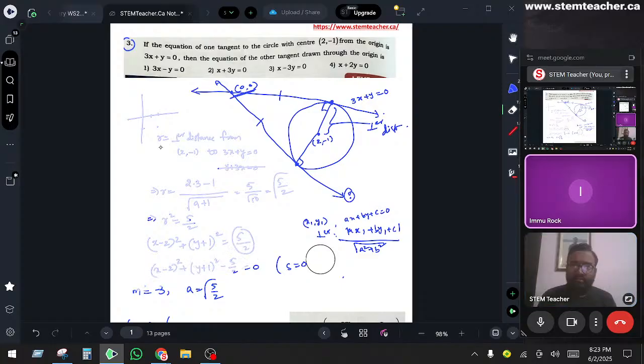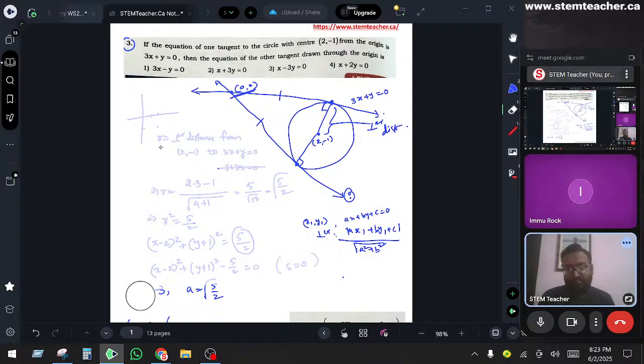We have only the tangent. We get the distance. Of course, our radius is okay. The circle equation is also okay. If it touches, we must have the point.